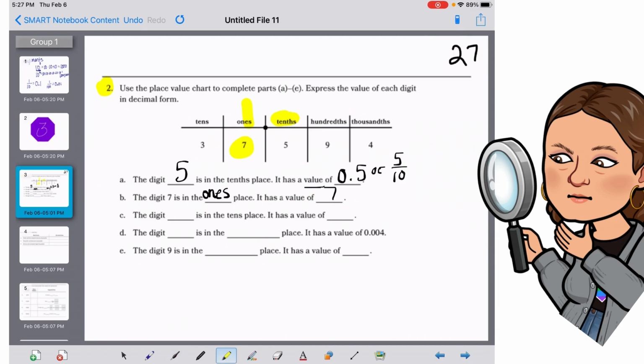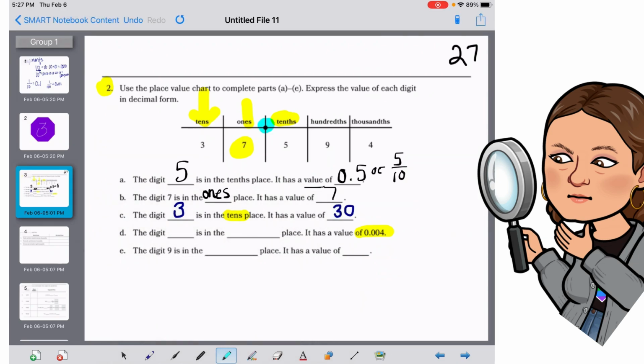Okay, now we are looking for what is in the 10s place. In the 10s place, we find a 3. If you had 3 10s, that would give you a value of 30. Now, it doesn't tell us the digit or the place, but it does tell us the value. And I see that I am 3 spots behind the decimal.